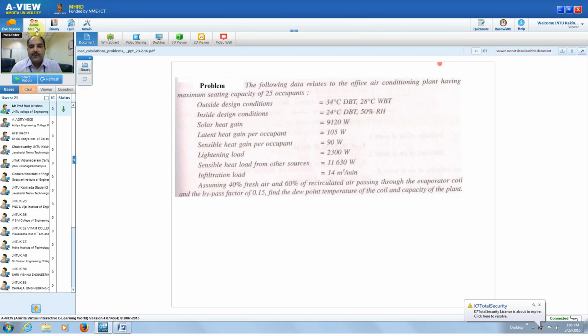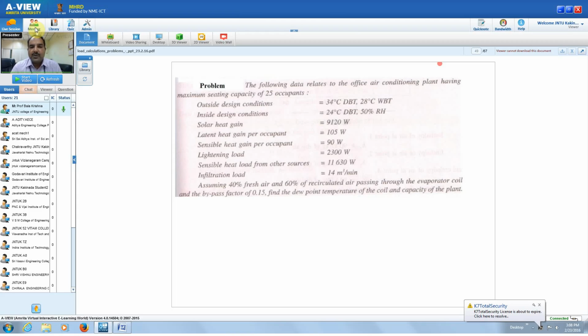Solar heat gain is 910 watts. Latent heat gain per occupant is 105 watts. Sensible heat gain per occupant is 90 watts. Latent heat load is 2300 watts. Sensible heat load from other sources is 11,630 watts.